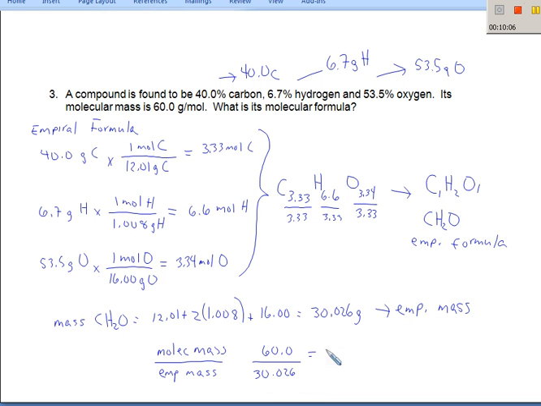That's going to be 2. So we're going to take this 2 here, and we're going to multiply all the subscripts in this empirical formula by that 2. So we're going to get C2H4O2. Put a box around it, you are all done. And that is the end of empirical formulas.